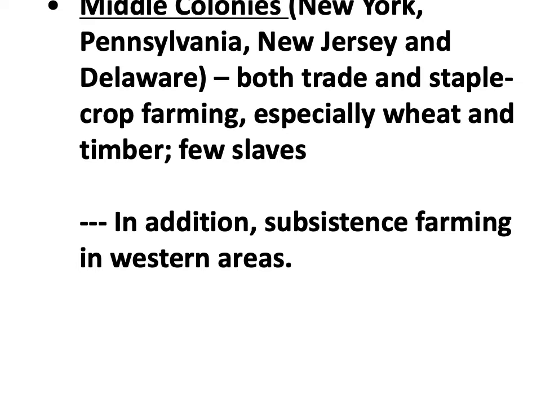A staple crop is an agricultural crop that does not have to be eaten right away. For instance, tomatoes don't keep very long, as you know from your own personal experience, but typical staple crops would be wheat and other grains, which can be stored for a significant period of time.